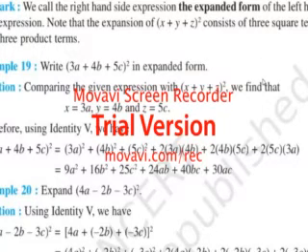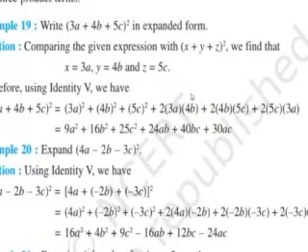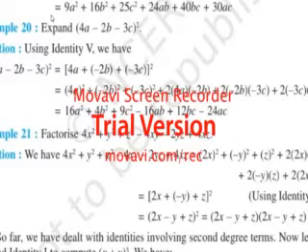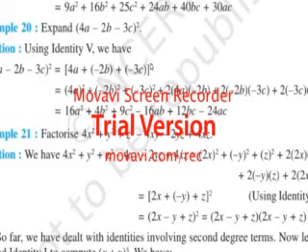So students, if you will see this example 19 and 20 today I had explained you, 20 I had not explained. So if you will see, simply it is based on formula, the formula of a plus b plus c whole square. So if you will see here also the same thing it has been done. Here minus 2b it has been kept in bracket and written plus, and again here minus 3c written in bracket, and then after it has been made square.